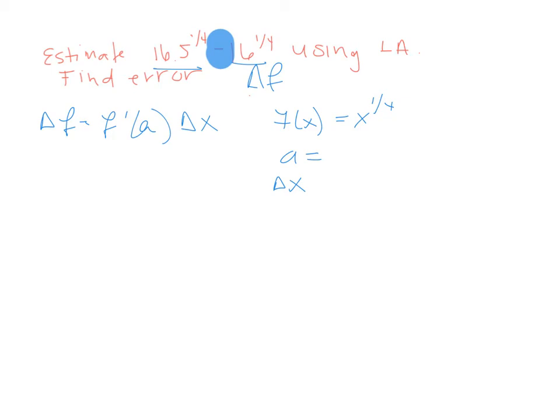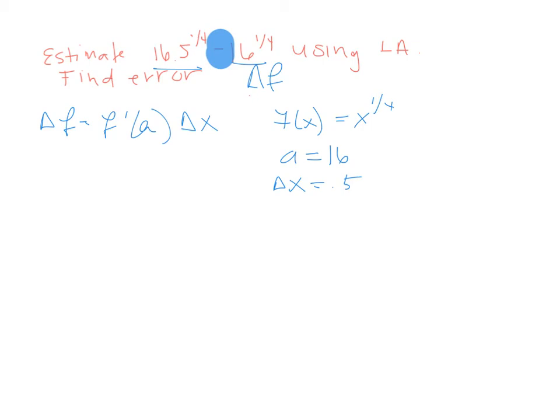Now we want to think about where we're centering. We're centering it around 16. We're starting at 16 and going up by 0.5. Why did I not start at 16.5 and go down to 16 by 0.5?